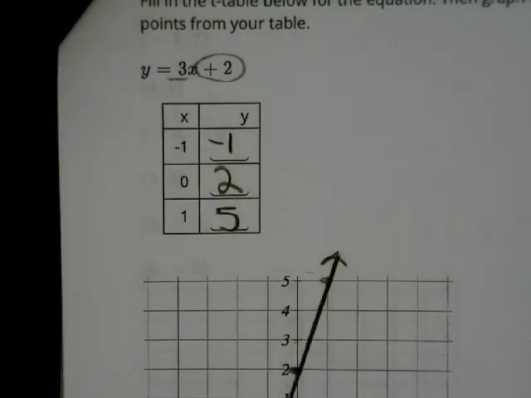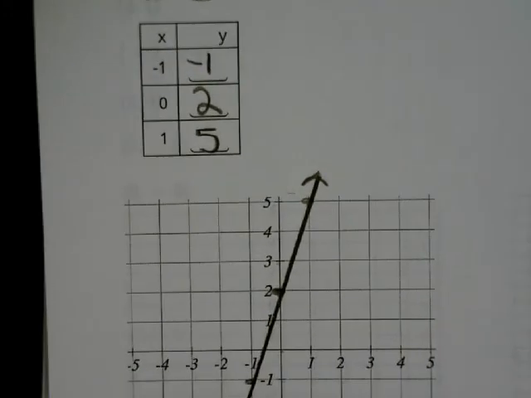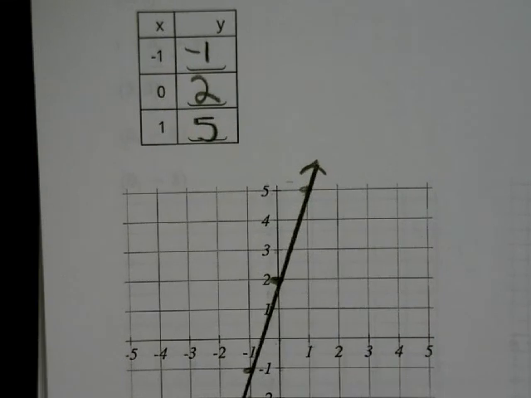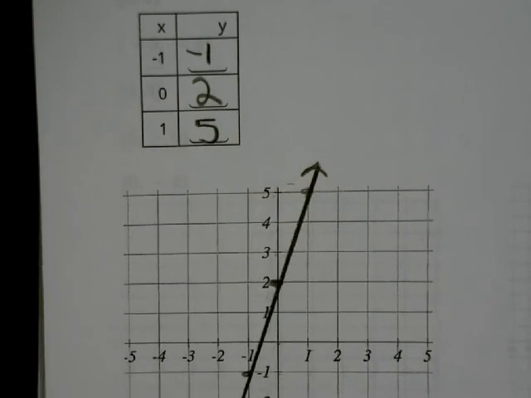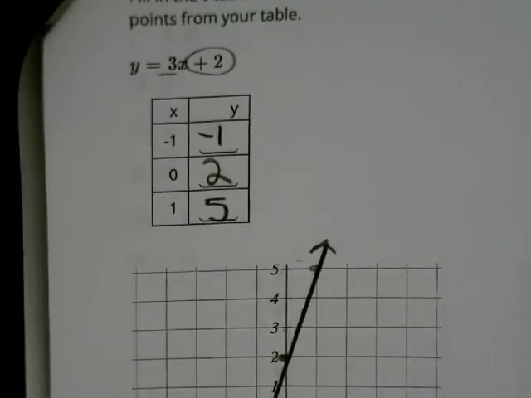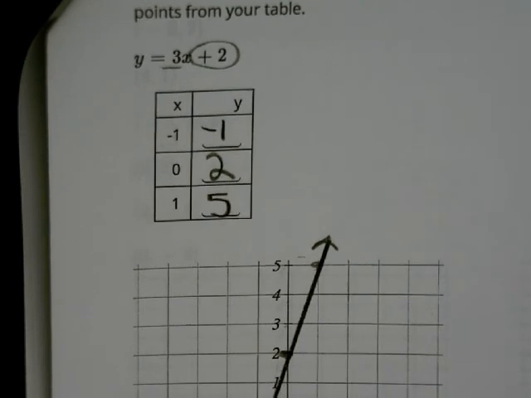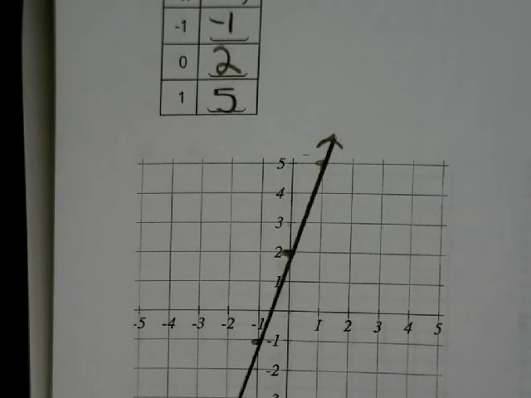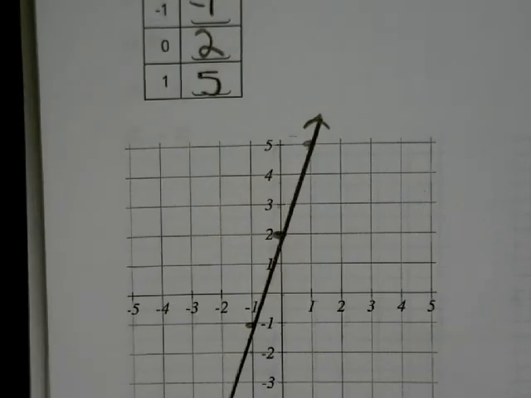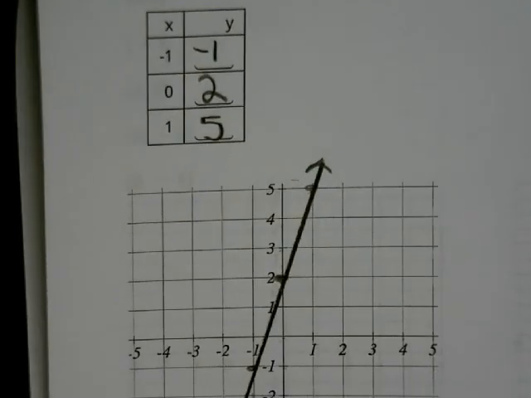And from that, you can find where x is a negative 1, y is a negative 1. Where x is 0, y is 2. Where x is 1, y is 5. Yep, because the changes were 3. So, yeah. So thank you for sharing that, Caesar. Thank you. Okay, change of 3, yes.